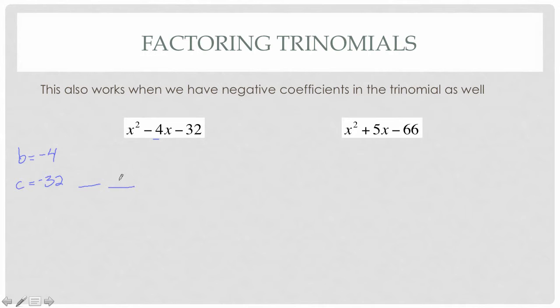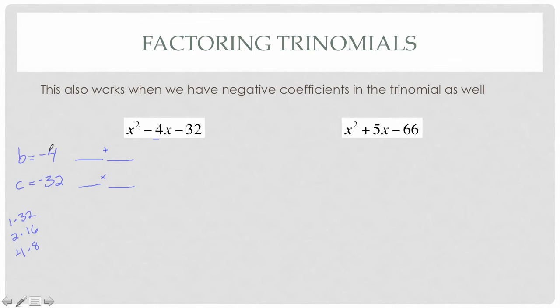Negatives can be a little bit trickier, especially in terms of the adding part. So sometimes what helps is I'll start listing off all the ways to get negative 32. So 32, that's 1 times 32, 2 times 16, or let's see, 4 times 8, and that's all of them. Now out of those, it's negative 32, so one of these numbers has to be positive, one of them has to be negative.